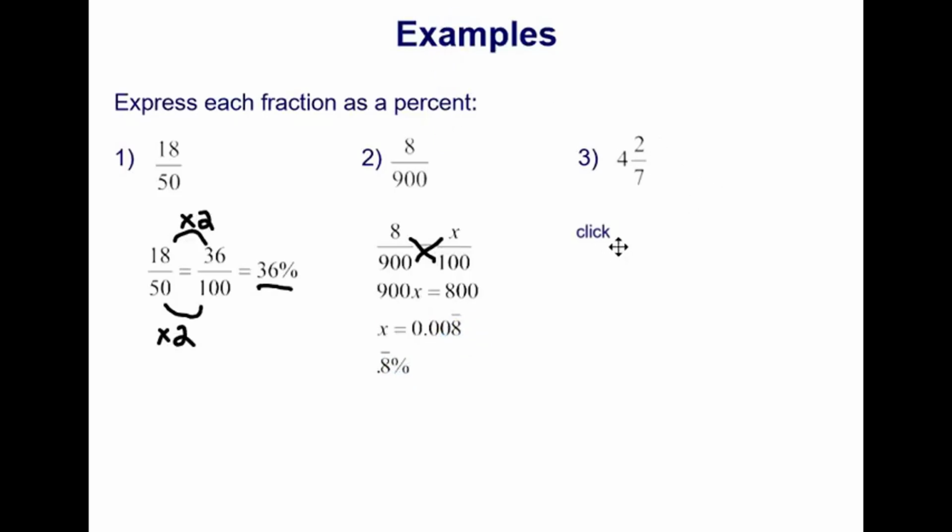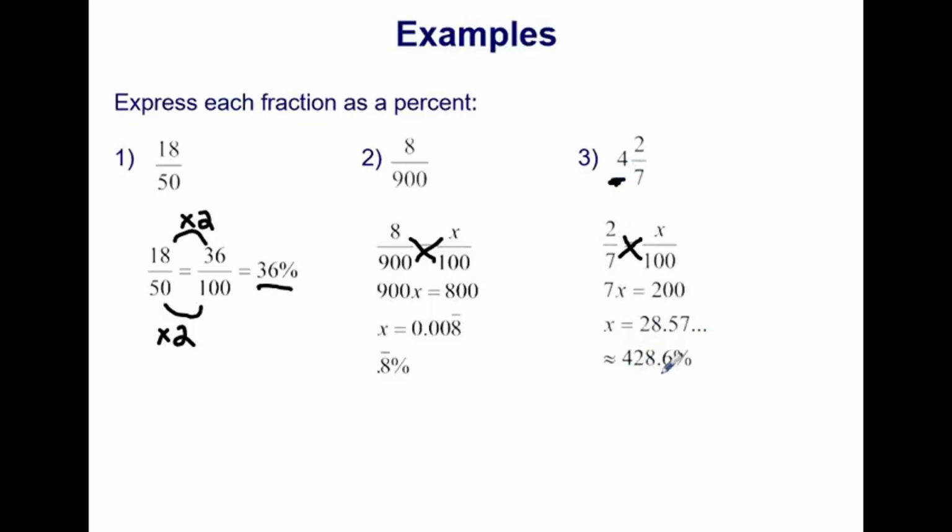Here we have 4 and 2/7. They're just taking the 2 over 7 and having it equal x over 100. Then they're using cross products, so 2 times 100 will equal 7x, so 200 equals 7x. X would equal 28.57, but you have to be careful because there's the original 4.